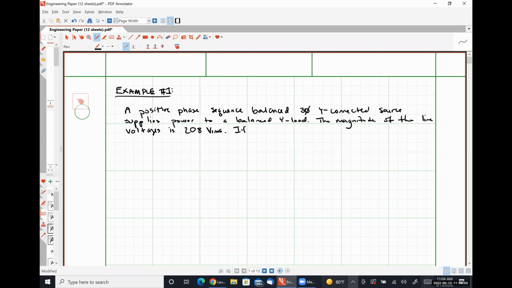And we are asked if the load impedance per phase is ZY equal to 36 plus j12 ohms.